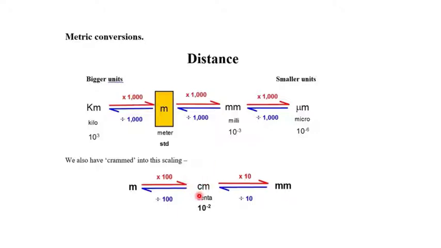Meanwhile, with the centimeter value converting into meters, you're starting now with a smaller unit, so you're going to finish with a smaller answer. So that conversion factor of 100 means that the centimeter value will be divided by 100 to convert into meters.